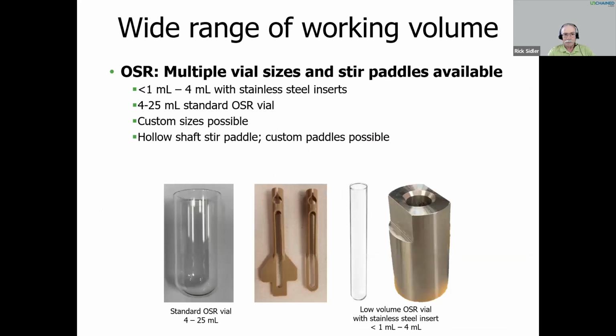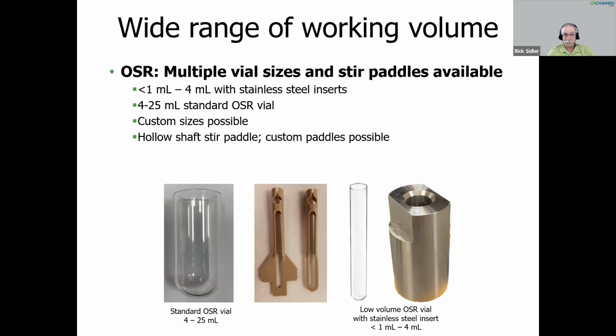The wide range of working volumes is accomplished by having a couple of different reactor sizes. We have shown on the left the standard OSR reaction vials that we use for running 4 milliliter to 8 milliliter reactions. On the right-hand side, you'll see low volume inserts.